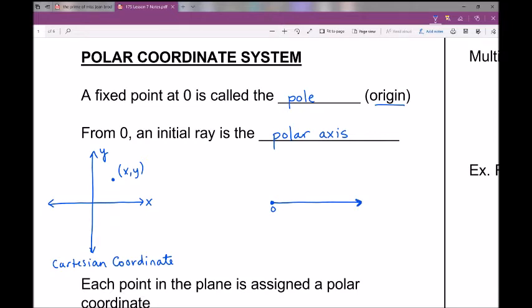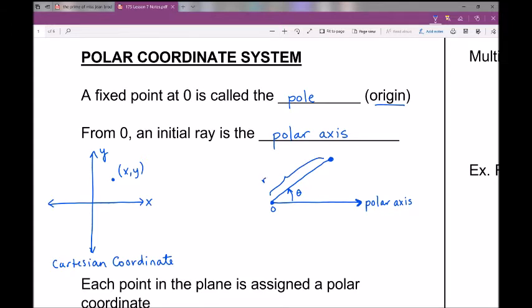And what we do is we go some angle away from the polar axis in the counterclockwise direction. So let's say that I went some angle away from the polar axis, and we'll call that theta. And let's call this distance right here r.